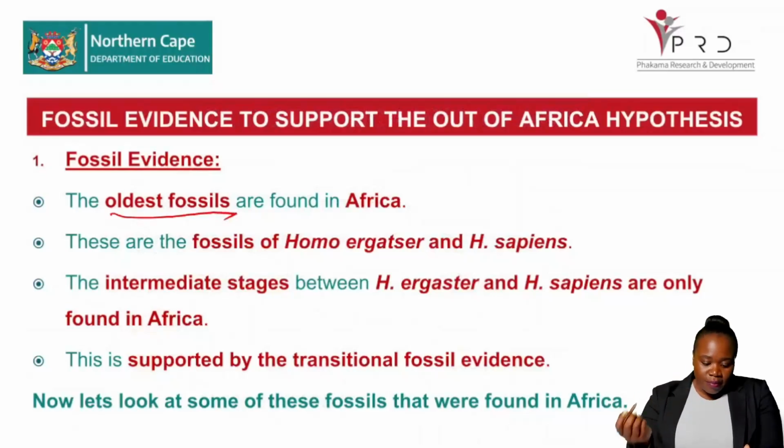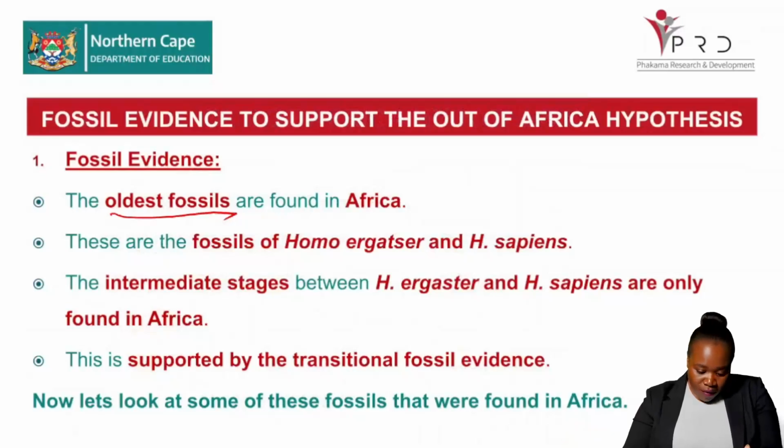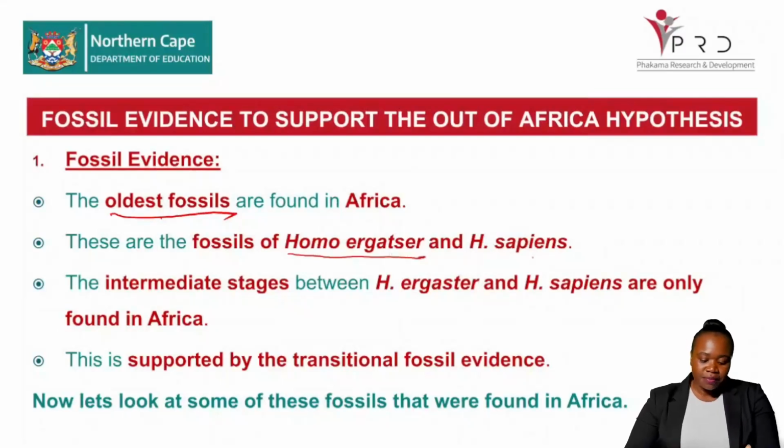And then the old ones are found in Africa and other parts of the world. Because the old one is found in Africa, it means that the old one was here and the younger ones moved to the rest of the world. So you should know that the oldest fossils that are found would be those of Homo ergaster as well as the Homo sapiens.